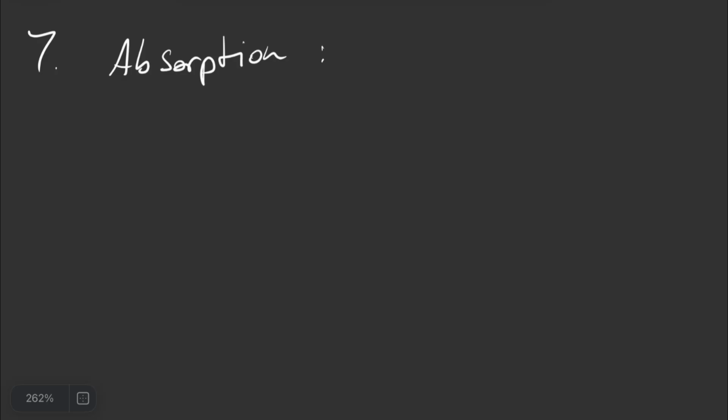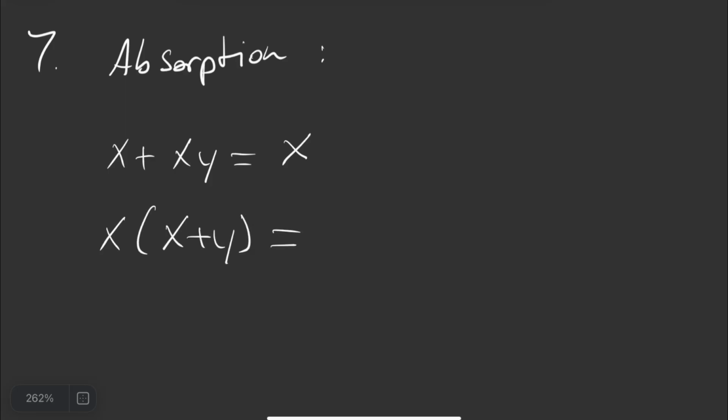For the absorption laws, x or xy is going to equal x. These are also some laws that are different from algebra but unique to Boolean algebra. So x and then x plus y is also going to equal x. These laws you might have to memorize, to be honest.